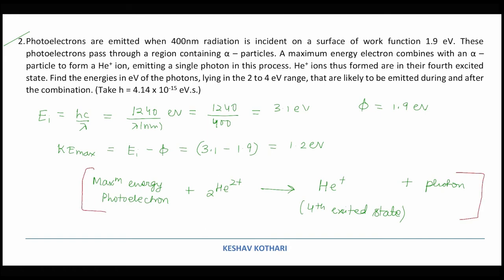The fourth excited state here implies that the electron enters n equal to 5. This is what the fourth excited state means, and the energy corresponding to the fourth excited state can be calculated as minus 13.6 Z square by n square.